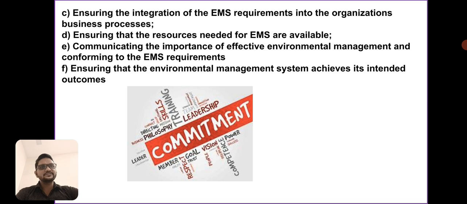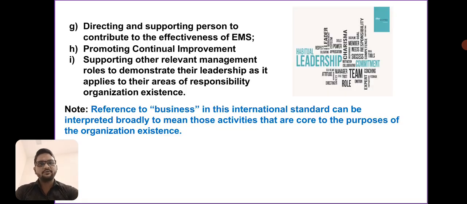Third is ensuring the integration of EMS requirements into the organization's business processes, ensuring that the resources needed for the EMS are available, and communicating the importance of effective environmental management and of conforming to EMS requirements. Next is ensuring that the environmental management system achieves its intended outcome. Next is directing and supporting persons to contribute to the effectiveness of the EMS.